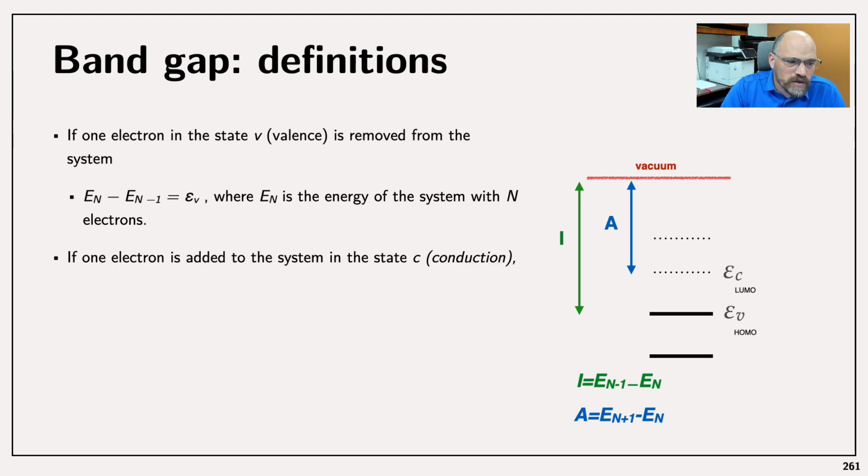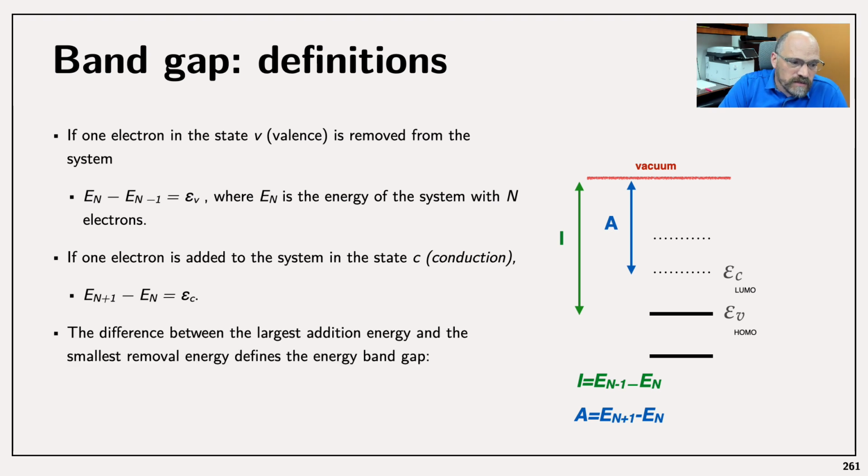And similarly, for the conduction band, for adding an electron, the energy of the conduction band will be the one obtained from adding an electron to the system with respect to a system that has only N electrons. So this is how epsilon_C is obtained.